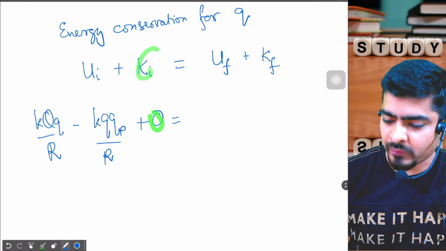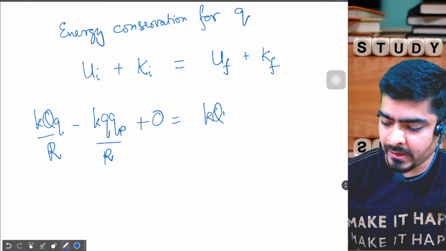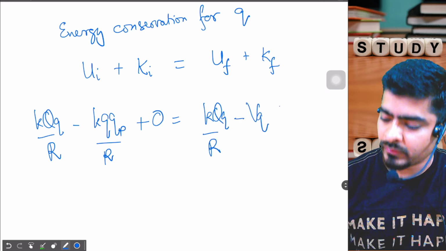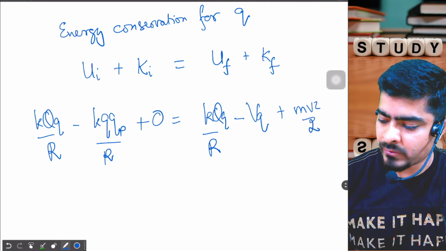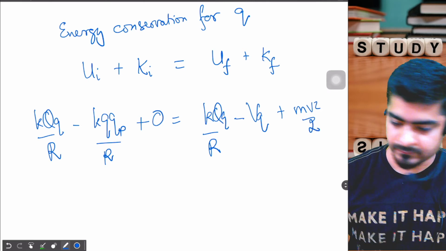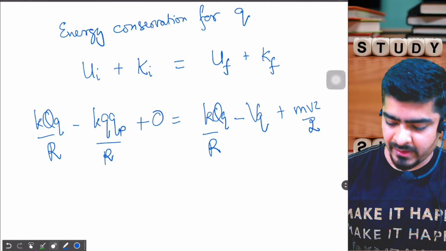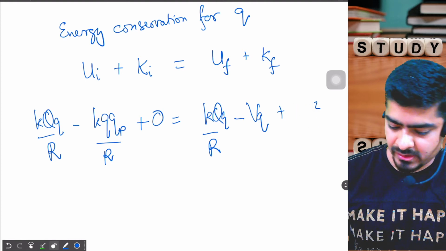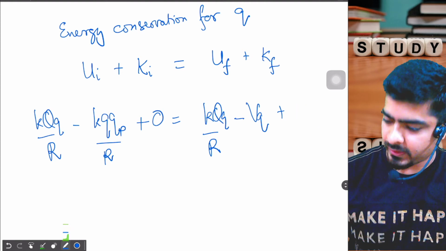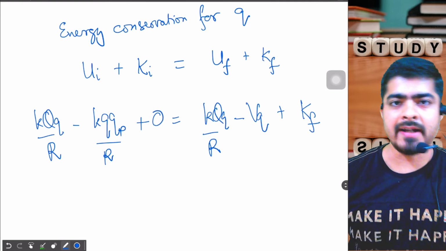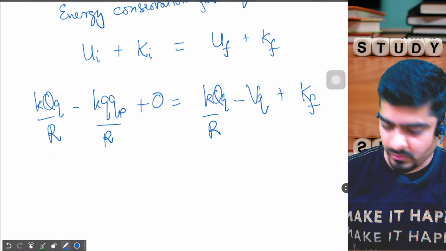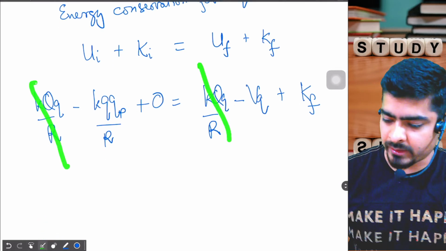Final potential energy is what? kQq by capital R minus Vq plus mv square by 2. But actually the question is asking only the kinetic energy, so we could just write down Kf over here. This is the final kinetic energy. Now this whole term will cancel out.